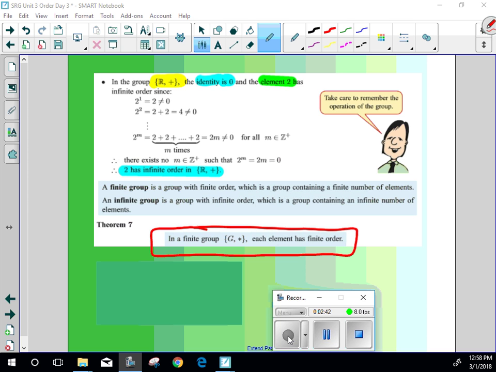So if the group is defined as not all of the numbers possible, then each of the elements in the group would have a defined order. So you're saying, kind of emphasizing what I just said at the beginning, that the number of elements in the group is different from the order of each element.